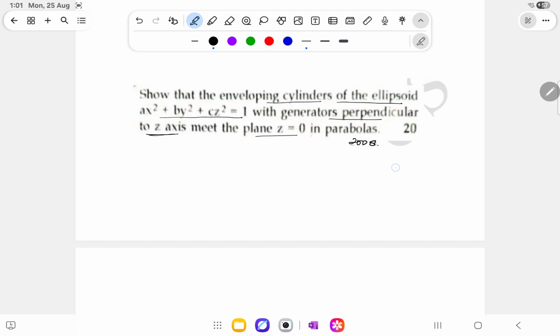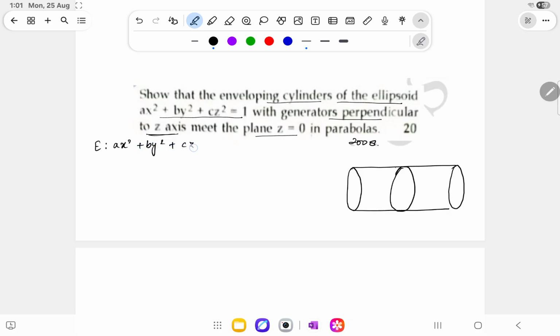Let's say this is my ellipsoid, and this will be the enveloping cylinder to this ellipsoid. Let us write the information that is given to us first. The ellipsoid is ax square plus by square plus cz square minus 1 equals 0. The question further says that the generator is perpendicular to the z-axis. The direction cosines of the z-axis are 0, 0, 1.